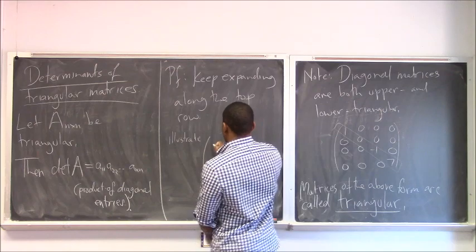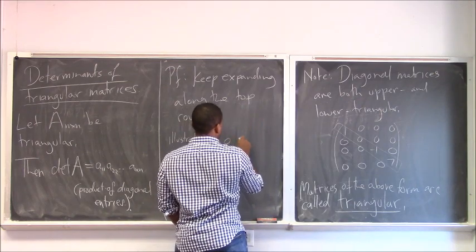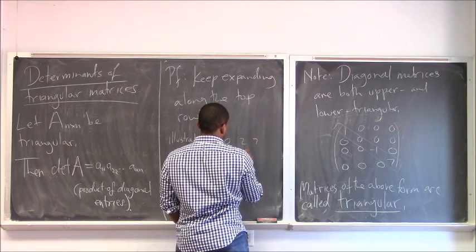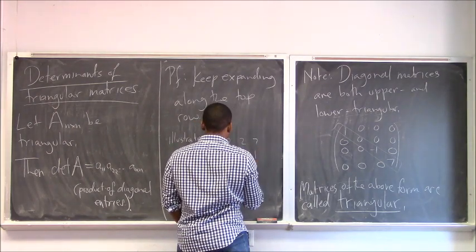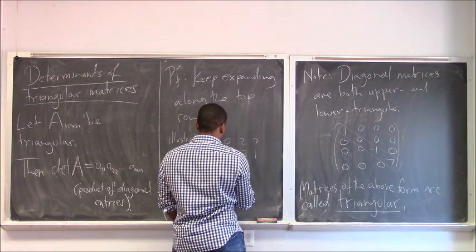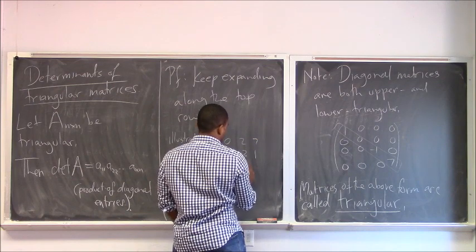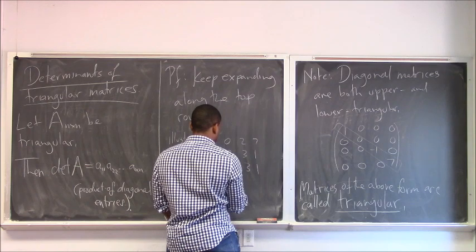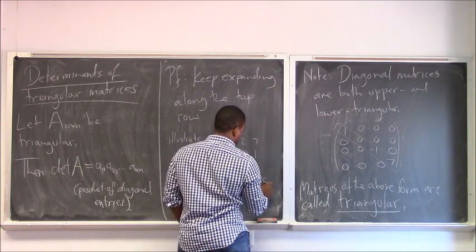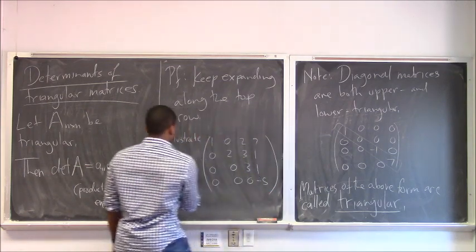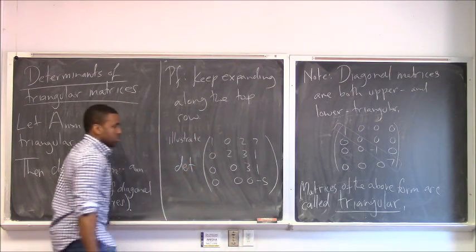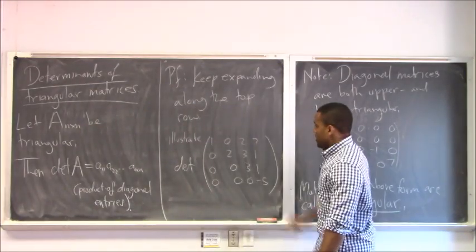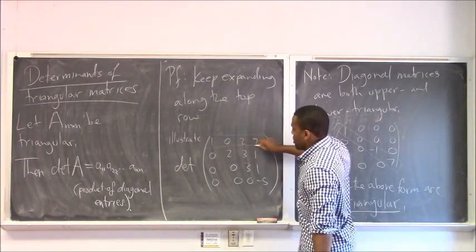Right, so if I wanted the determinant of this, notice that it is upper triangular. Notice what would happen if I kept expanding along the first row.